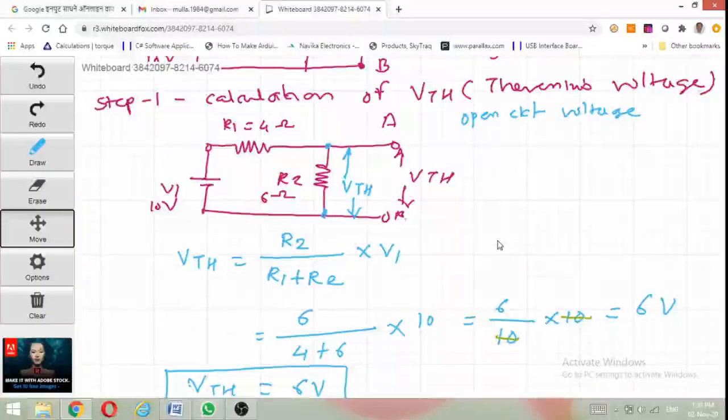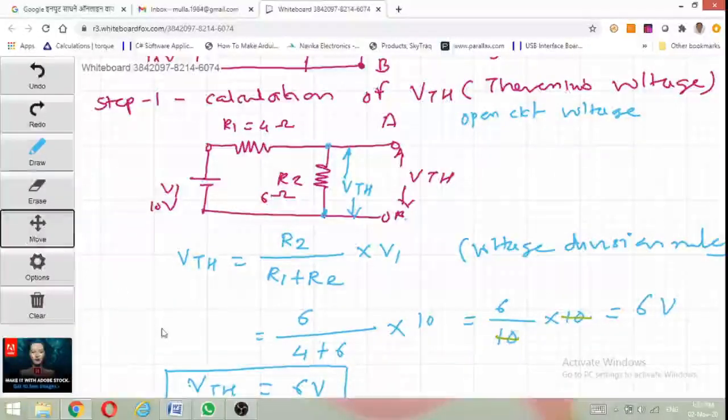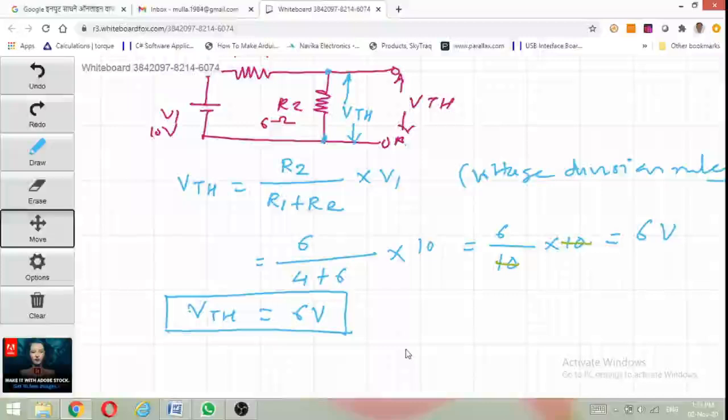Therefore, by using the voltage division rule, VTH is equal to R2 divided by R1 plus R2 multiplied by V1. By substituting the values, VTH is equal to 6 divided by 4 plus 6 multiplied by 10, and the final calculated value is VTH equal to 6 volt.